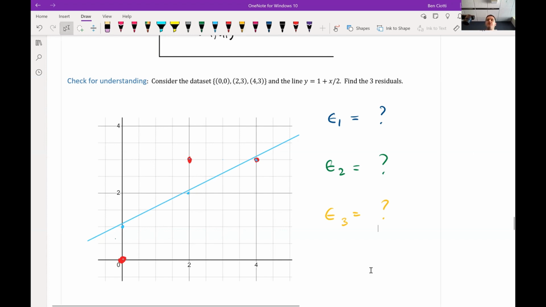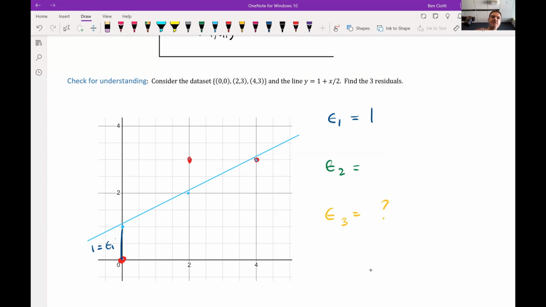So what's epsilon 1? That's the vertical distance between the line and the first point. First point was 0, 0, which is 1. So there's my epsilon 1.